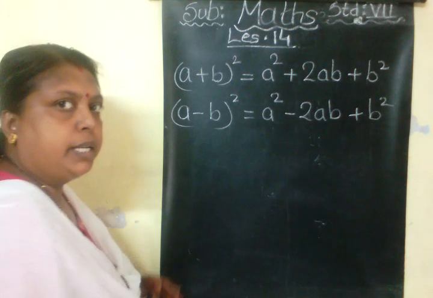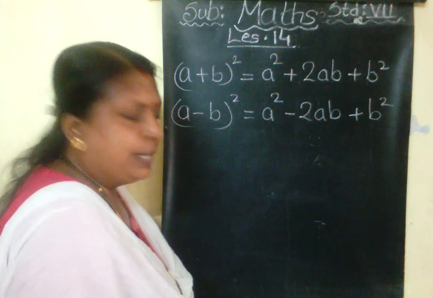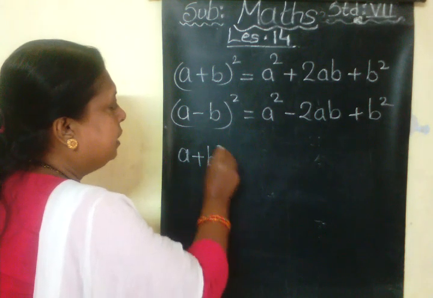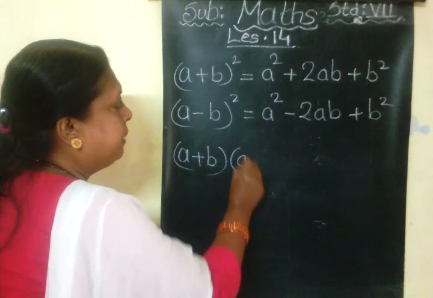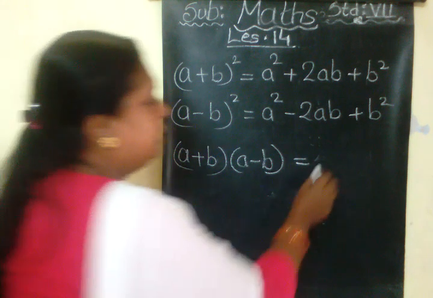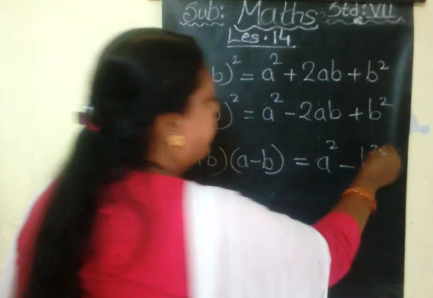So this is the second expansion formula we have studied. Now third expansion formula says that if a plus b is multiplied by a minus b, its expansion is a square minus b square.